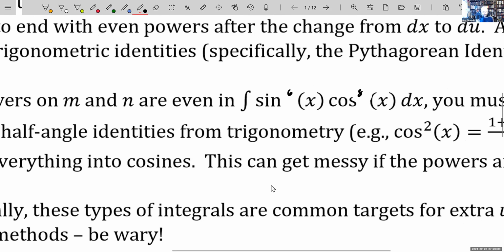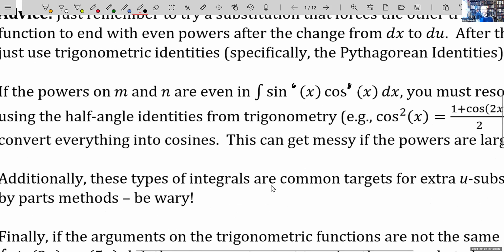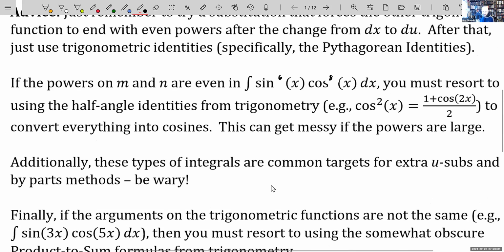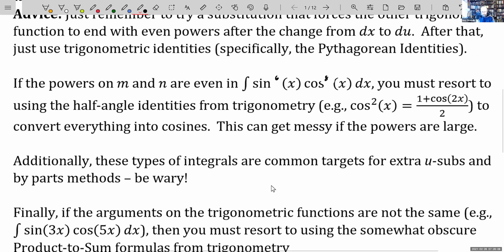So giving you a heads up, the worst case that I would give you on a quiz would be a 2nd and a 4th power or something like that, because it can get really, really nasty if you go through and get high powers.